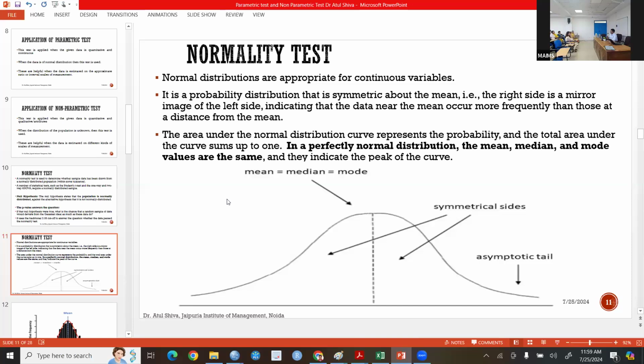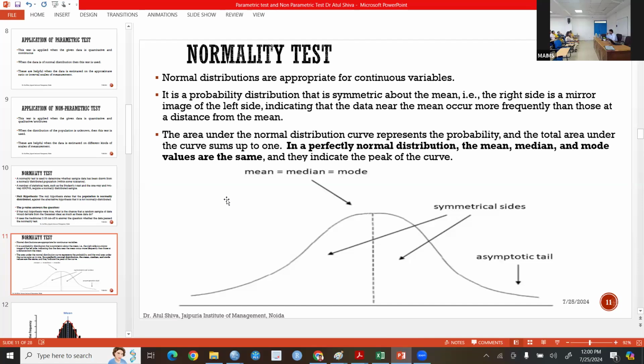CBSE can give you the data of the entire population of India, the total students who are enrolled in 10th class in CBSE. So the population mean is also known to you. CBSE gives results saying the pass percentage of girls was higher than the pass percentage of boys. They are giving results on the basis of the mean value. That means they are giving you a parametric test, because the population is known to CBSE. How many students are enrolled in CBSE, right?